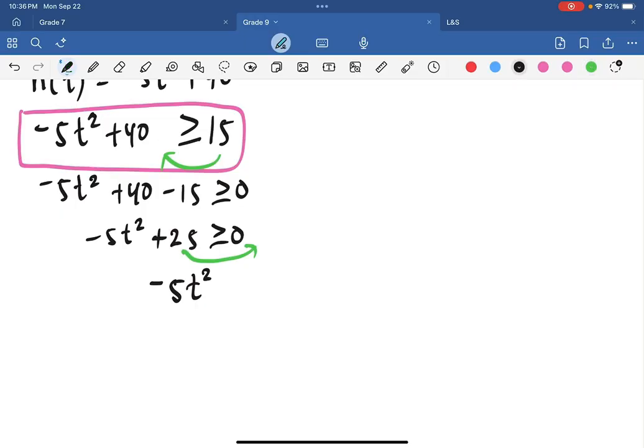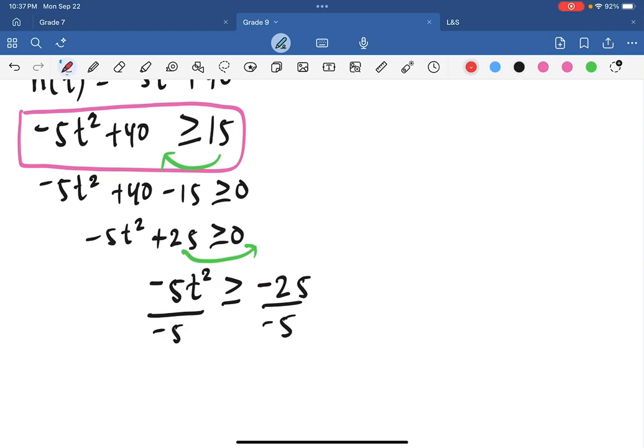So it's greater than or equal to negative 25. So first, our goal in extracting square roots is to make sure that our variable here will have a coefficient of 1. But since it's not 1, then we need to divide both sides by negative 5 and negative 5.